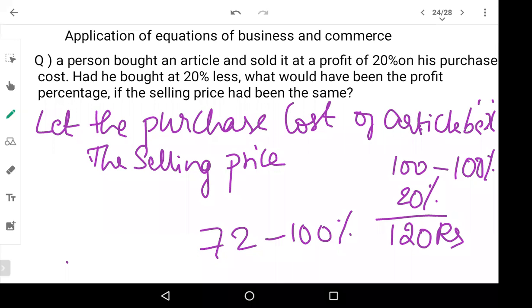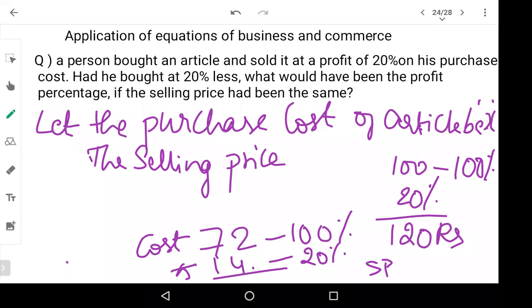So when I am adding 20% more profit, now tell me what will be the 20% of 72? 14.4 rupees. Okay, let's keep 14 rupees as the profit. So I have bought an article at 72 rupees and I am adding 14 rupees profit, that is nothing but 20%.